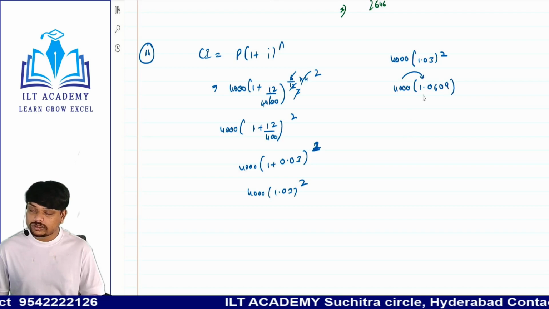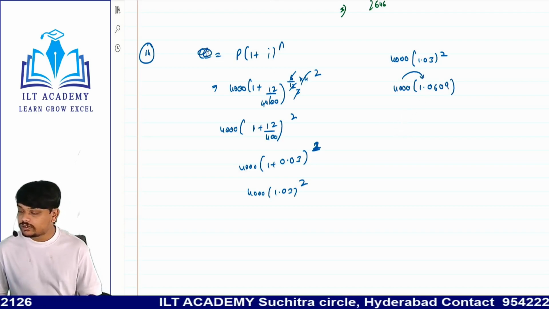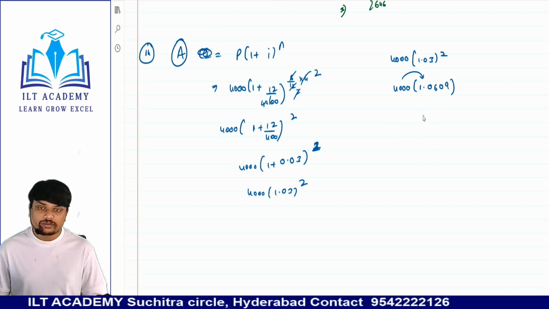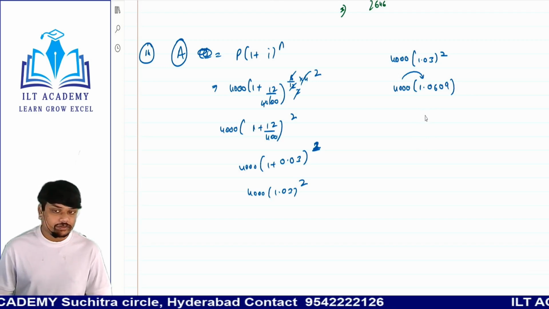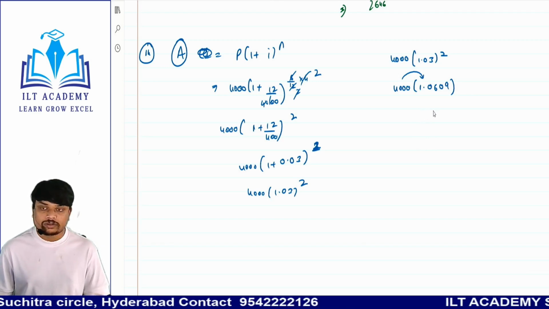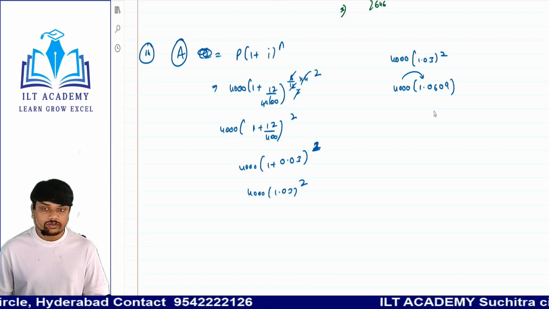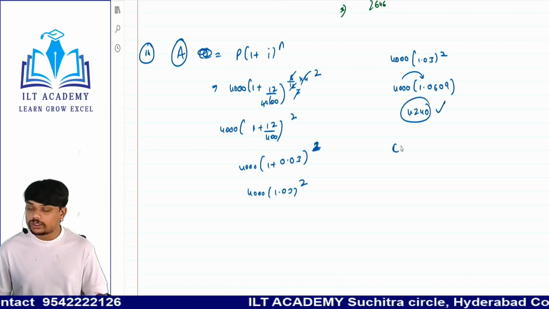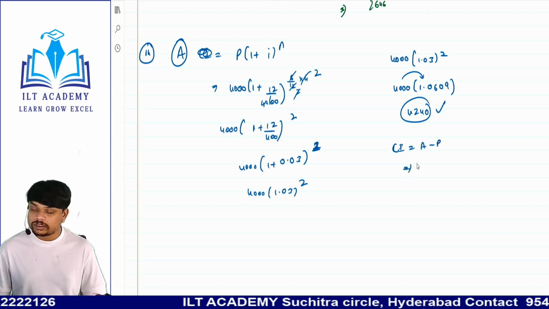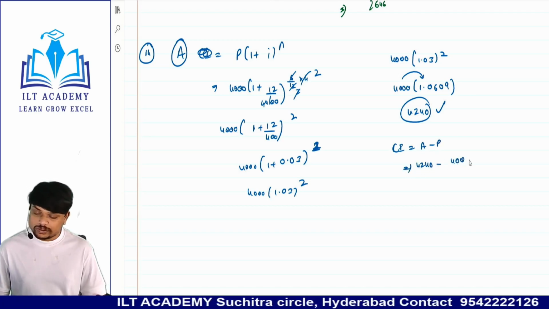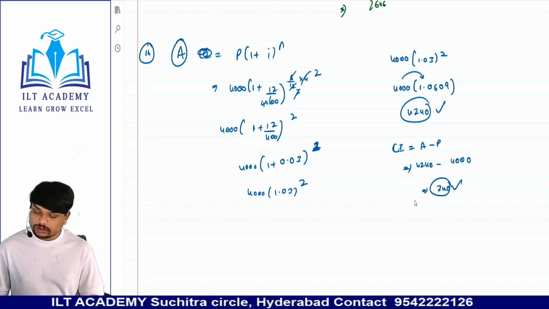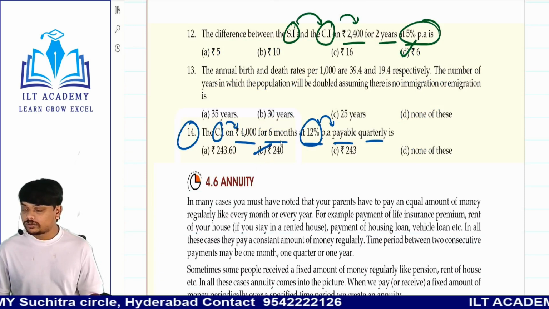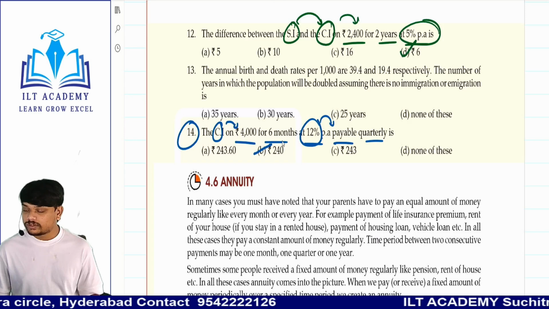This is how much? 4240. So compound interest is equal to amount minus principal. This 4240 minus 4000 is only 240.